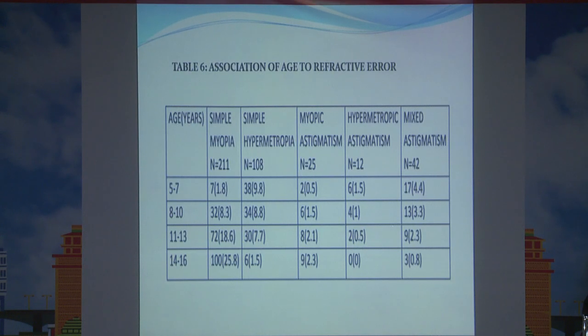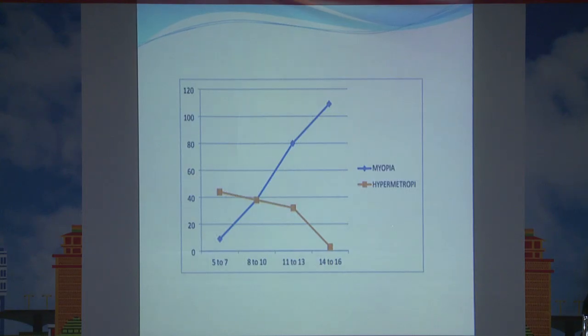In the age group of 11 to 13, simple myopia 18.6, simple hypermetropia 7.7, myopic astigmatism 2.1, hypermetropic astigmatism 0.5, while mixed astigmatism 2.3. In the age group 14 to 16, simple myopia is highest at 25.8%, simple hypermetropia 1.5%, myopic astigmatism 2.3, hypermetropic astigmatism 0 and mixed astigmatism 0.8%. This graph shows myopia increases with age and hypermetropia decreases with age.